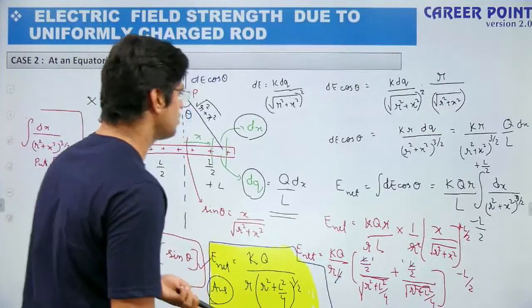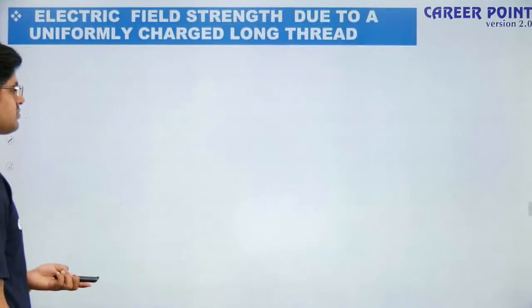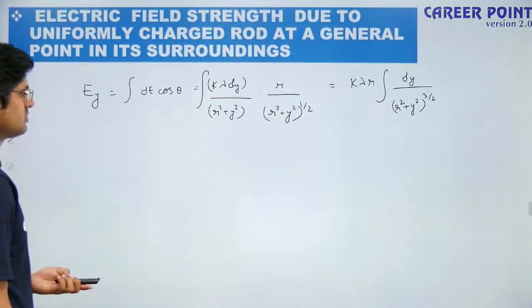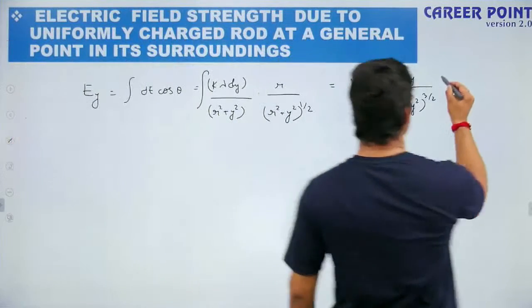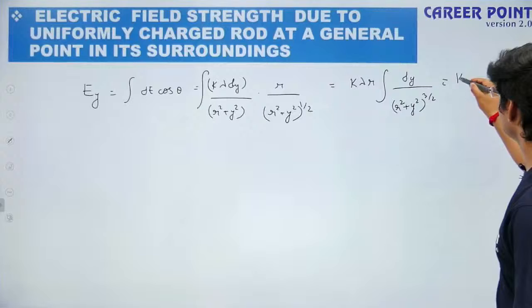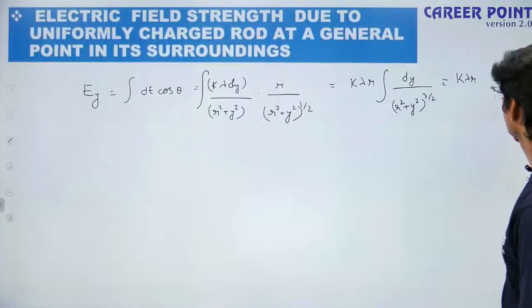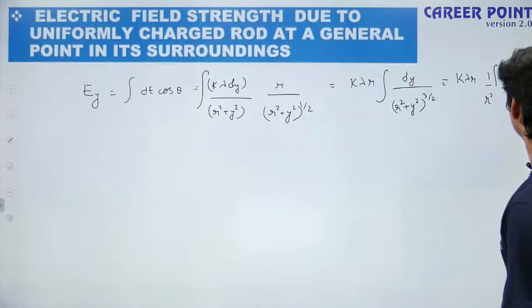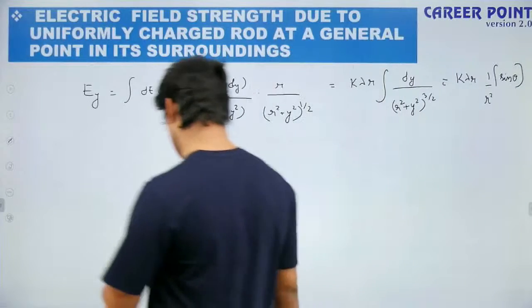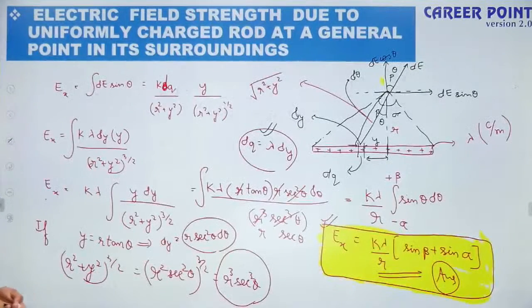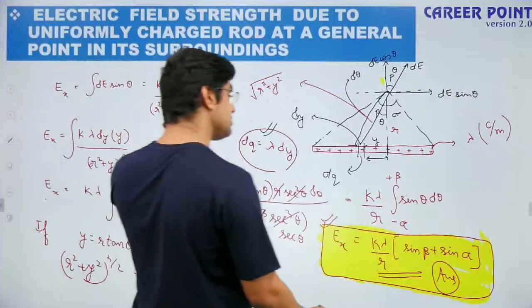So what I will suggest is, we can apply the same directly here and we will be able to write K lambda r, 1 by r square, sin theta, from where to where?